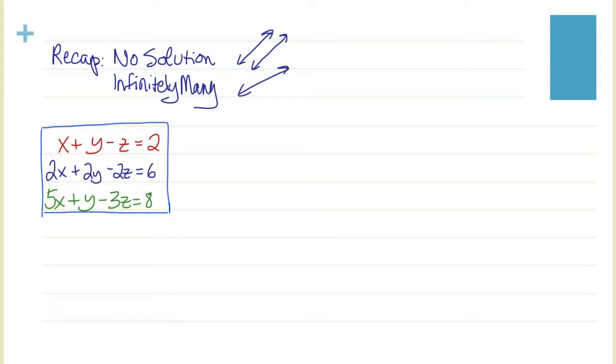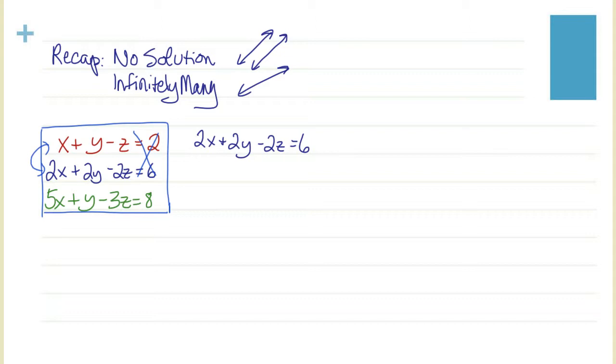Here we have 3 equations with 3 variables, and even as I copy them down, I notice these two have some similarities. Not looking at the constants, don't pay attention to those yet, but notice that the blue one is 2 times the red one on the x and on the y and on the z. So if I do elimination, I'm going to write the blue one, 2x plus 2y minus 2z equals 6.